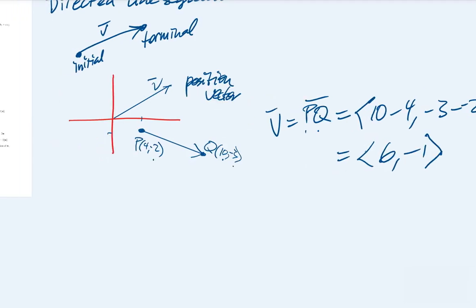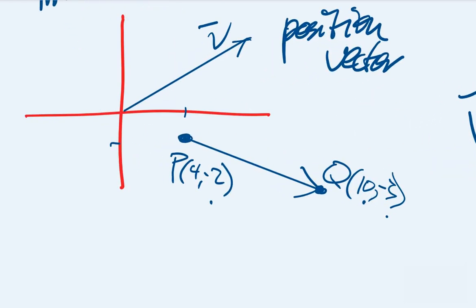So if you go back to this here, if you draw 6 over and down negative 1, you should get the same vector as PQ. Let's do a different color. If this were to scale, it's never to scale in my class, but if it were, you would see that this green vector is the same as this blue vector.